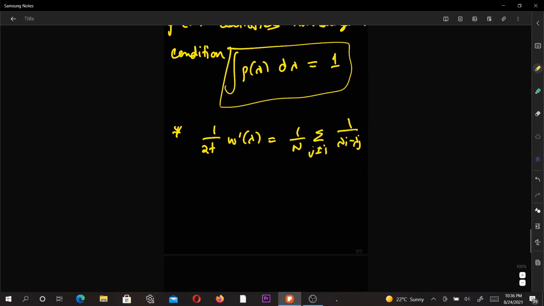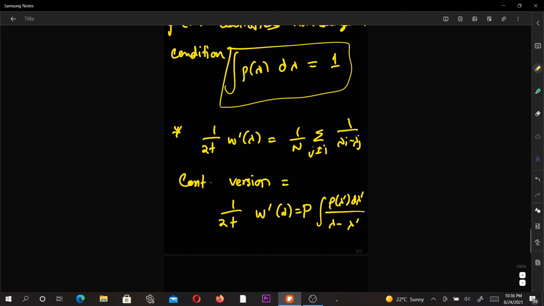So if we make this continuous version, we'll have this. P is just a constant factor, sometimes called the principal value of the integral, but yeah, this is how we made this thing continuous. That is a continuous version of this.